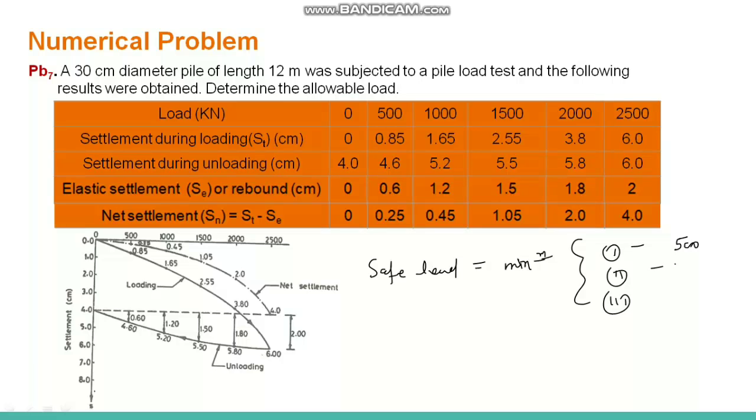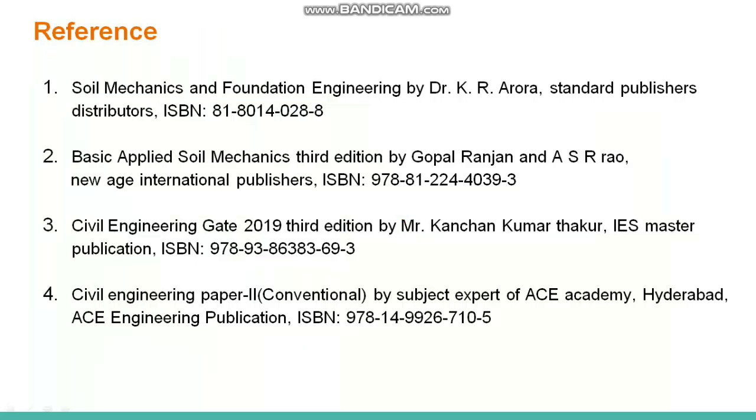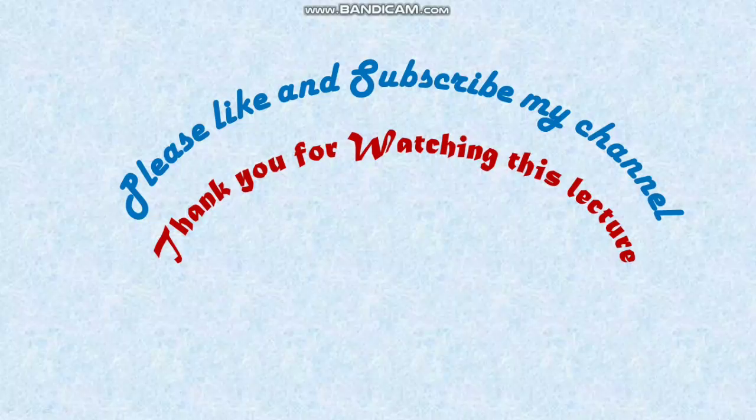What was the second? 750 kilonewton. What was the third? That is 850 kilonewton. So the value will come 500 kilonewton. That is the safe load, or allowable load, we can say. So in this type of question, we have to draw the net settlement curve, and according to all these three criteria, we can select from the graph what the allowable load is. These are the references that I have taken. Thank you.